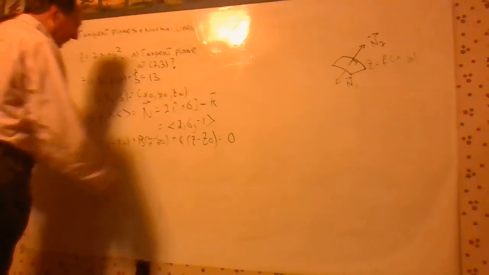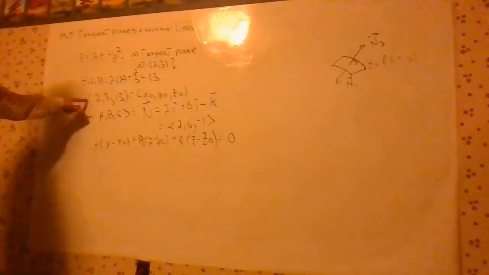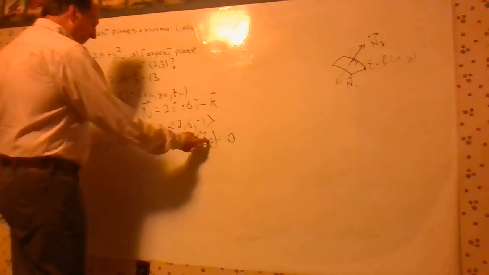Well, now we can just plug into the generic plane formula. ABC goes here, here, and here, 2, 6, minus 1. And the point 2, 3, 13.